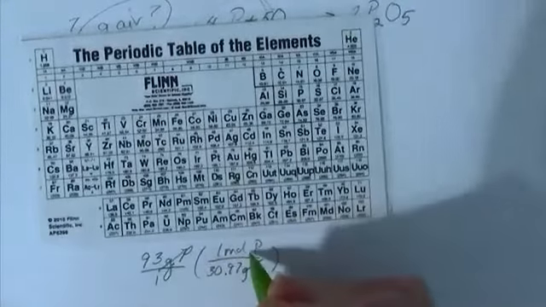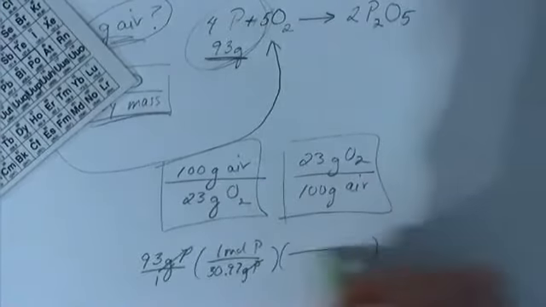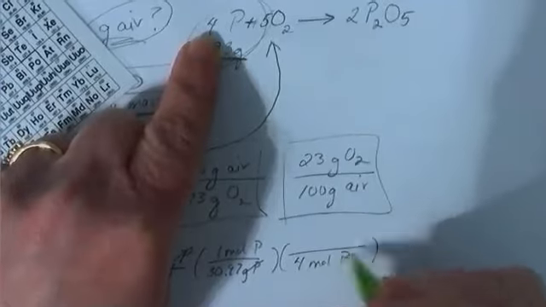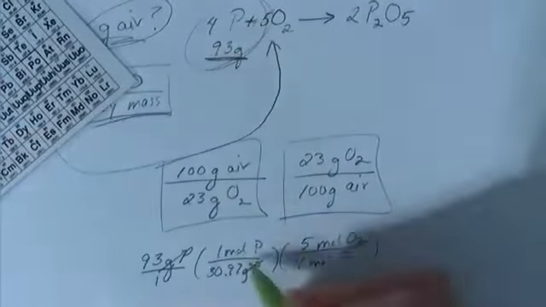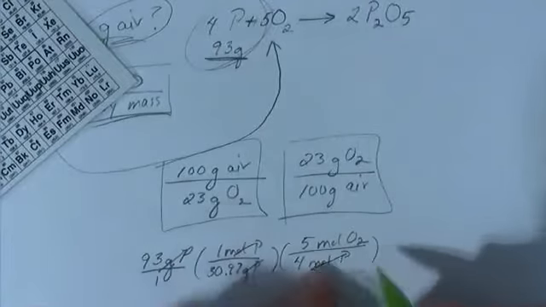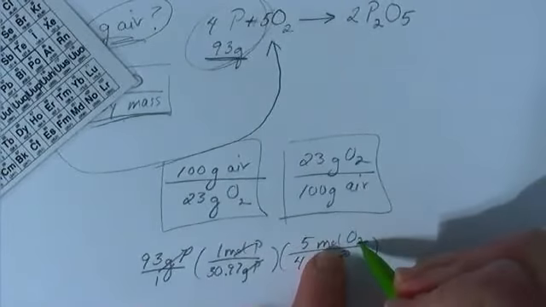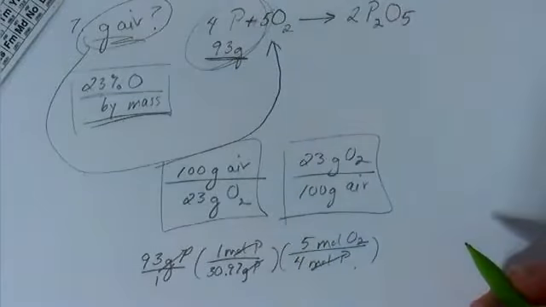Why do that? Because that gets us to the mole ratio. So per my reaction, there's 4 moles of phosphorus for every 5 moles of oxygen. What this has done is gotten me to moles of oxygen. I'm getting closer because now oxygen is what air is giving me.